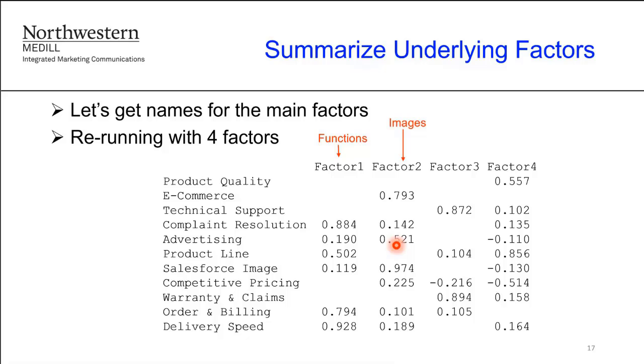For factor 3, technical support and warranty and claims have high values, so I name it technique and warranty. For factor 4, product quality and product line have high values, so I name it product line.